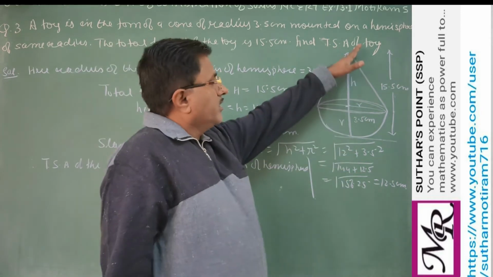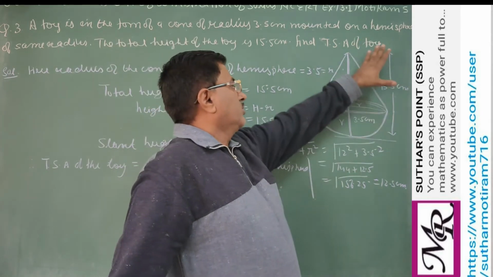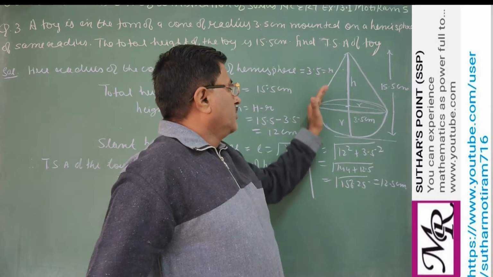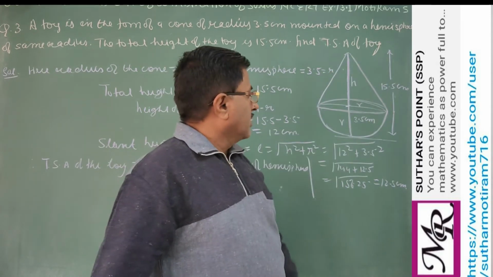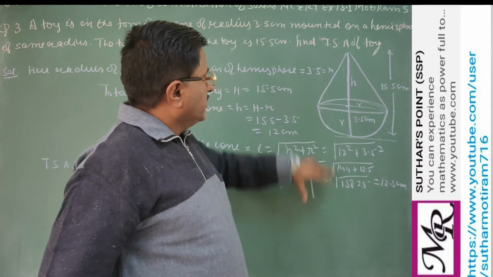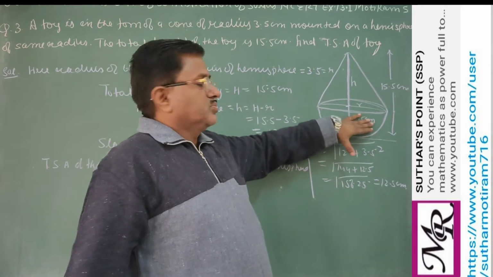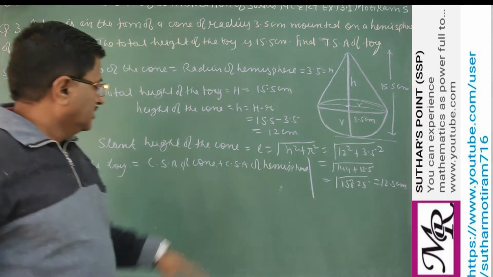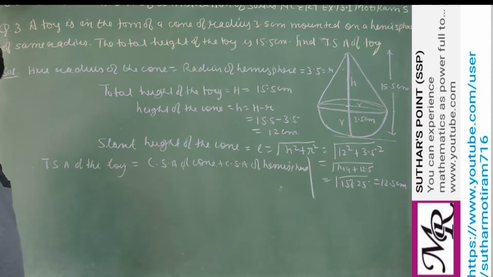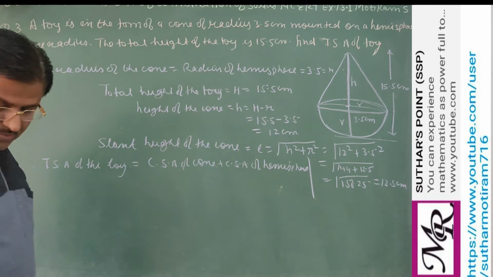We want to find its total surface area. Total surface area means outer area. So curved surface area of the cone plus curved surface area of the hemisphere. Clear? So we have to write the curved surface area of both.